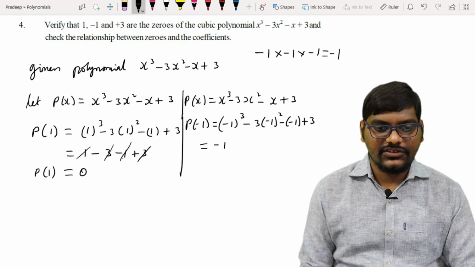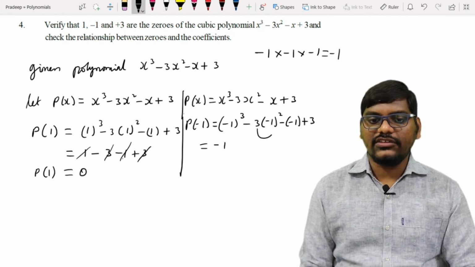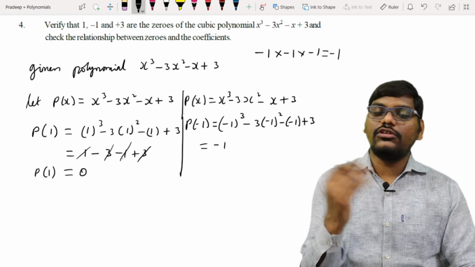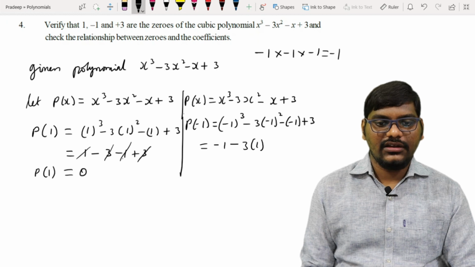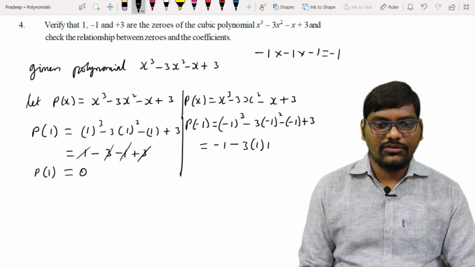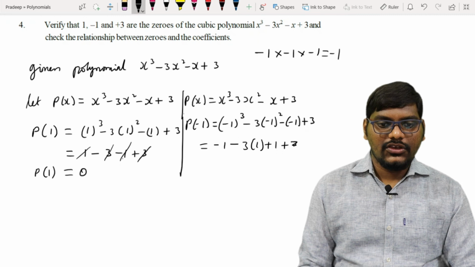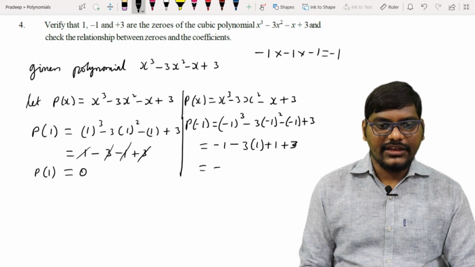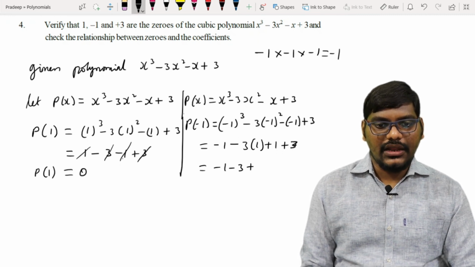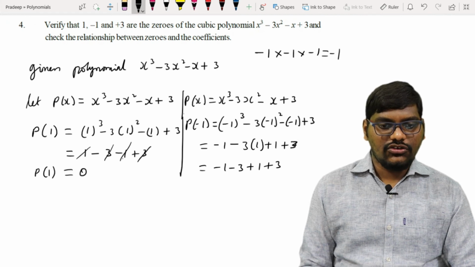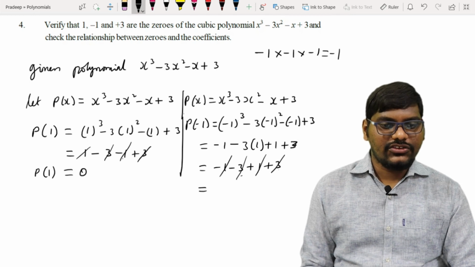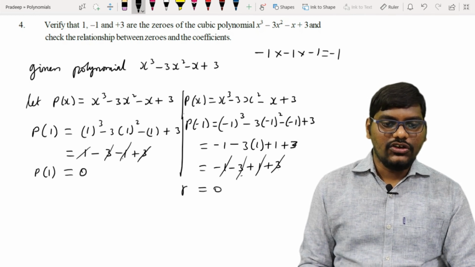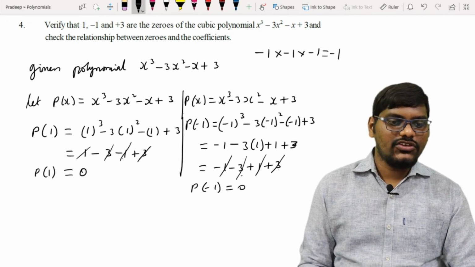So this is minus 3 into minus 1 whole square, which is 1, so minus 3. Minus of minus is plus, so plus 1 plus 3. So I can write minus 1 minus 3 plus 1 plus 3. Minus 1 plus 1 cancel, minus 3 plus 3 cancel. This also we are getting as 0. So p of minus 1 we are getting as 0.